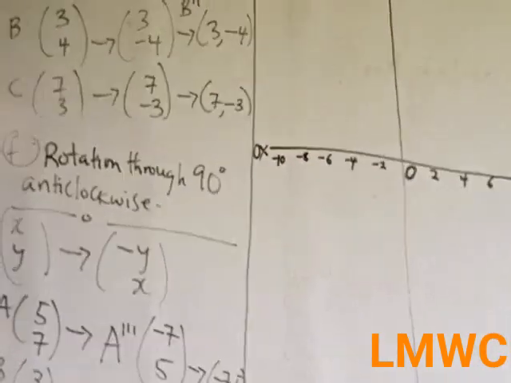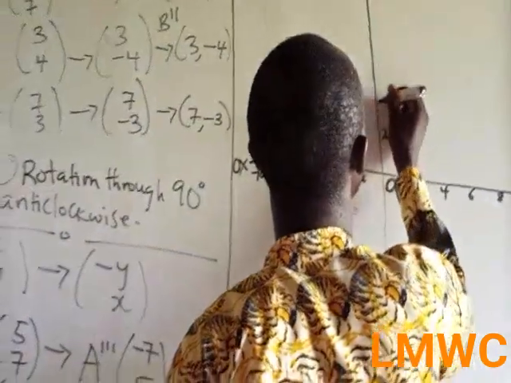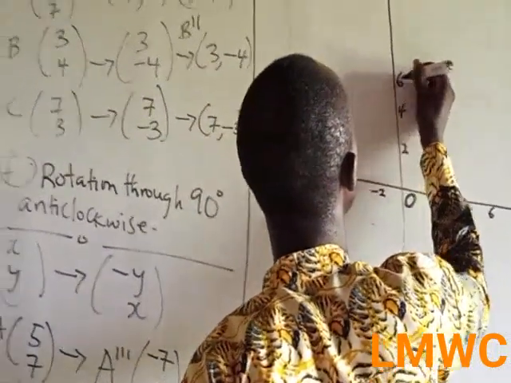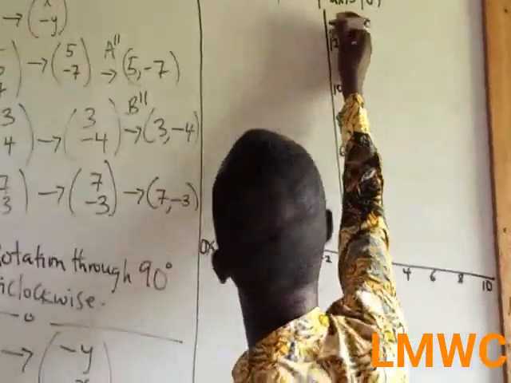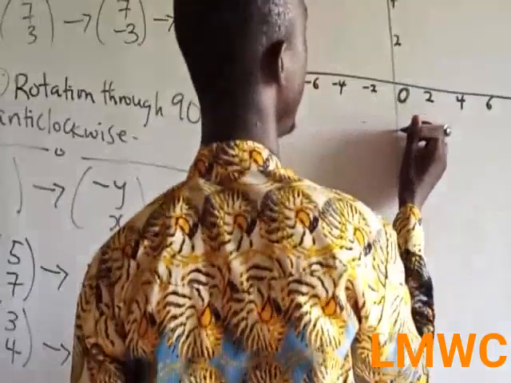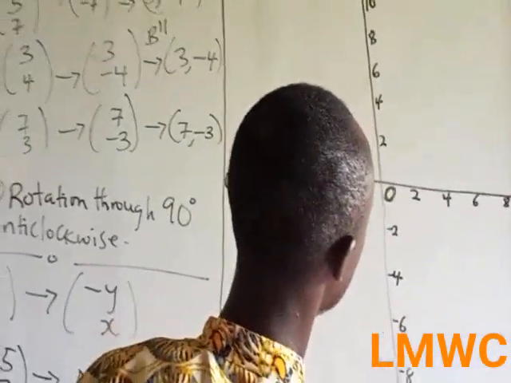You should understand it. So this is 2, 4, 6, 8, 10, 12, because they said negative 12 to 12. This is negative 2, negative 4, negative 6, negative 8, negative 10.